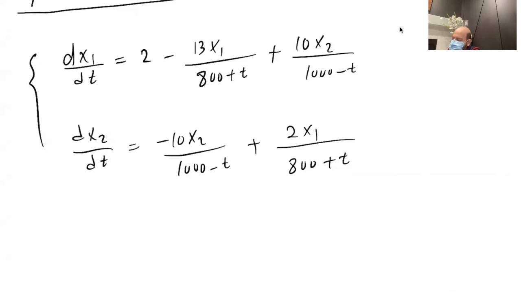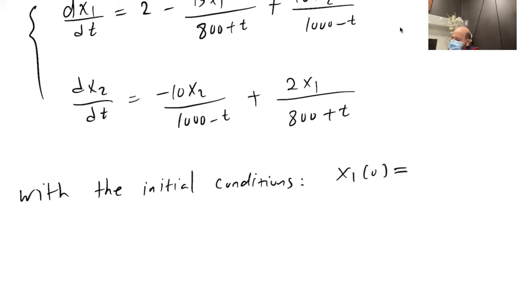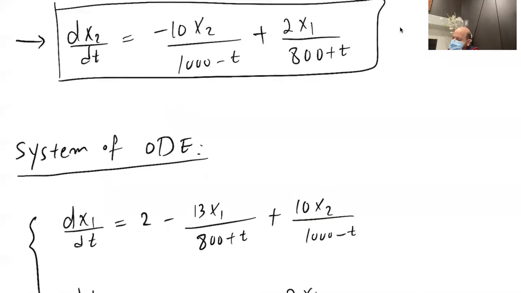And what are the initial conditions? The initial amount of salt in tank 1 and tank 2 were given in the question, x1 of 0 and x2 of 0. x1 of 0 means the initial amount of salt in tank 1. x2 of 0 means the initial amount of salt in tank 2.